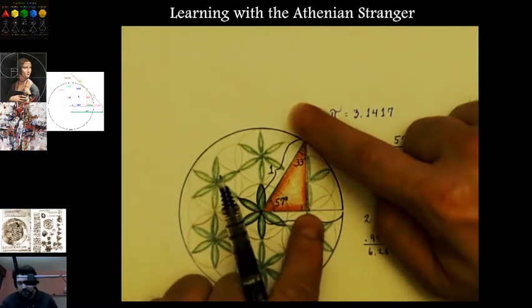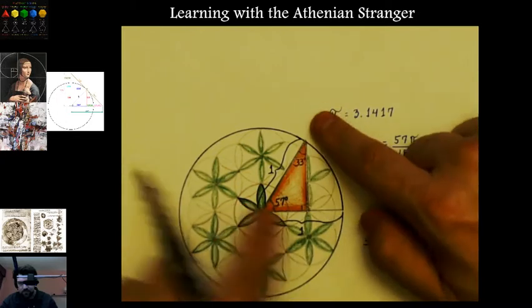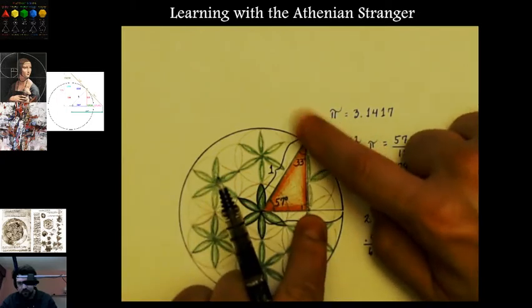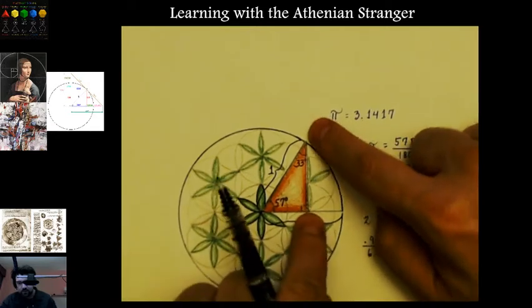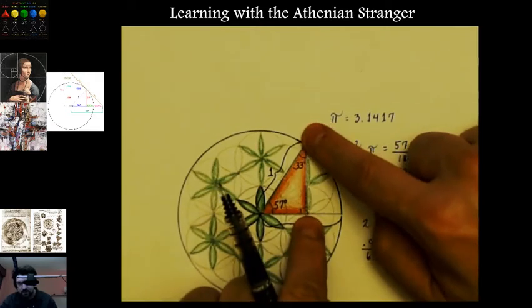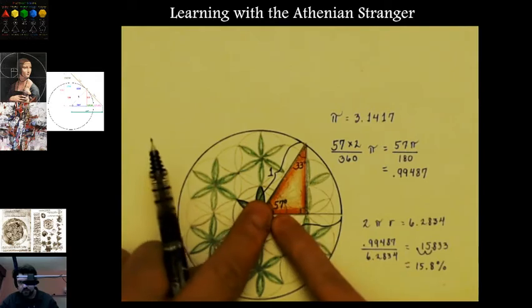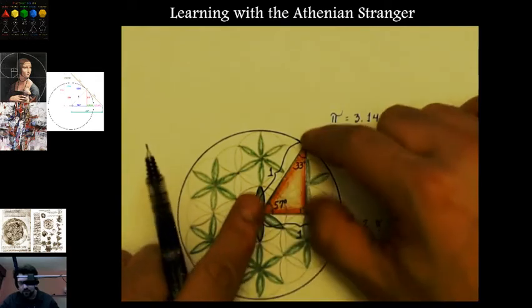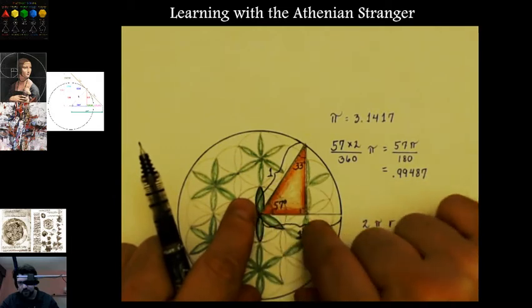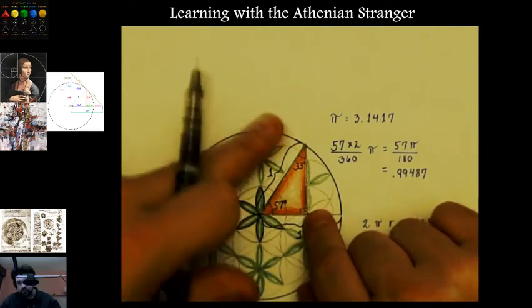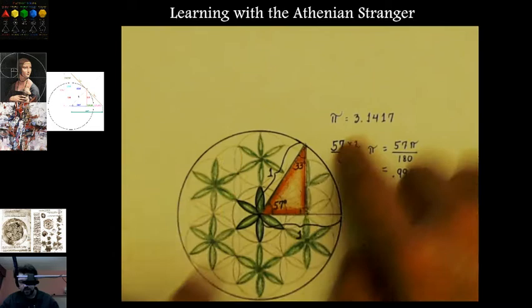The height of the point formed by a 57-degree angle to the wall is at this point where my right finger is pointing now. So this distance right here is the sine of 57 degrees, or the height of the angle formed by 57 degrees to the ground. That's the height.